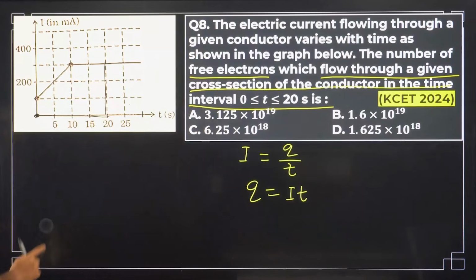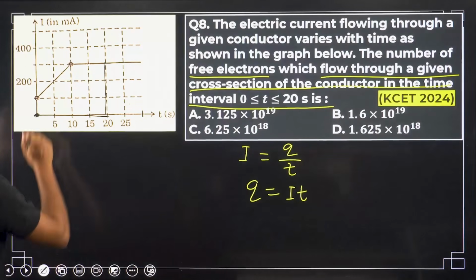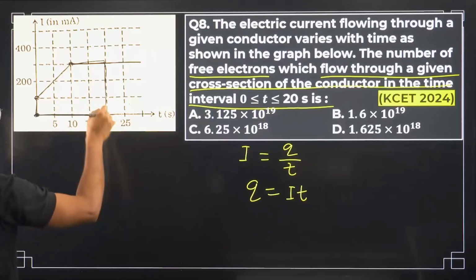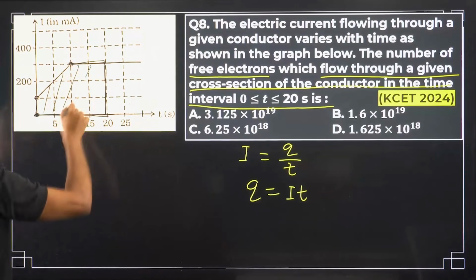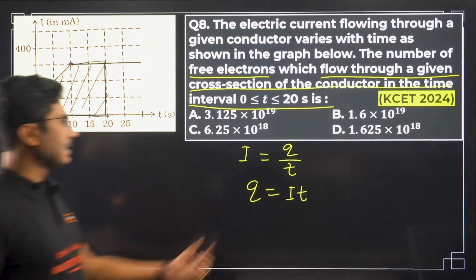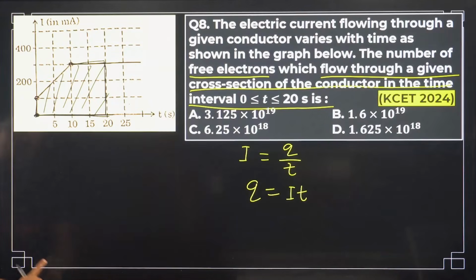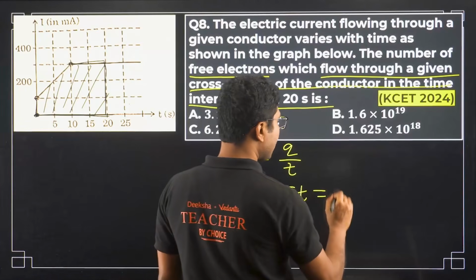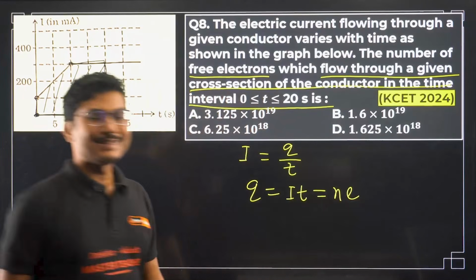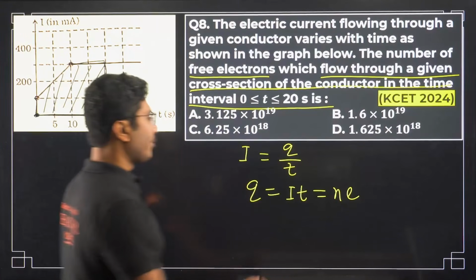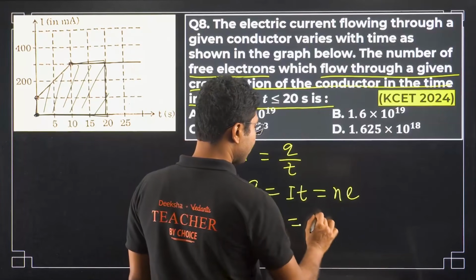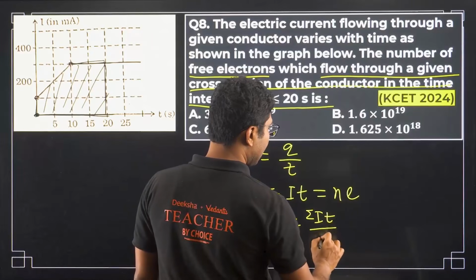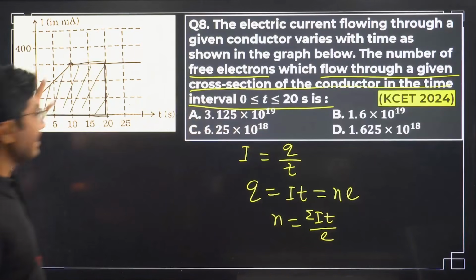I into T. Basically it is an integration, but I don't want to make this complicated, because the integration basically gives you the area under the graph. So this is the area under the graph, so that will give you the charge, not the electrons, by the way. So how to find the electrons? To find the electrons you have to use quantization, that is Q equals N into E. From there we can find the number of electrons will be IT, or the total sum of IT divided by E. Sum of IT means basically the area under the graph.